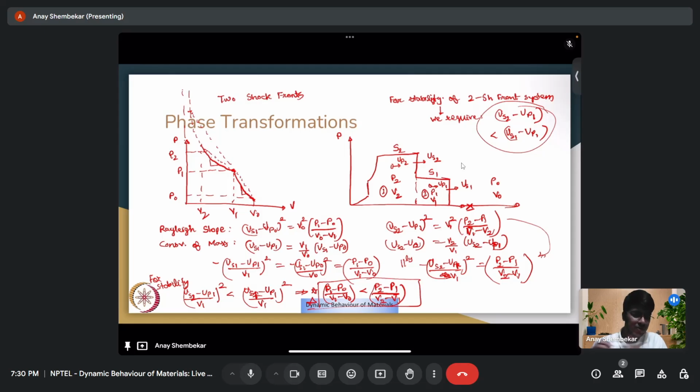So how does one know if this works? People have done experiments where they have impacted a flyer plate, a projectile, normal onto a target that generates some pressure in the target, and if you keep on increasing the velocity of the plate, you first see the onset of transformation, after which you see two different shock waves, two different shock fronts, and then beyond a particular impact velocity, you can see that there's only a single shock front.